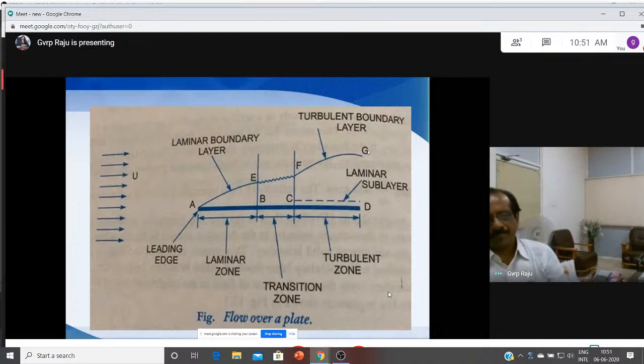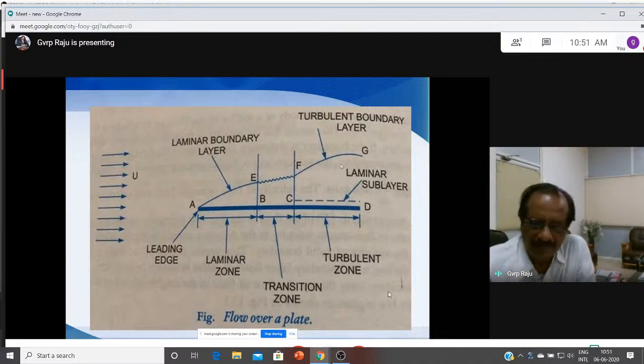So how can you say that it is a turbulent boundary layer? The fluid in this area, in the boundary layer area, is turbulent. In other words, the flow is irregular, erratic, and disturbed, with intermingling of fluid particles from top to bottom and bottom to top.